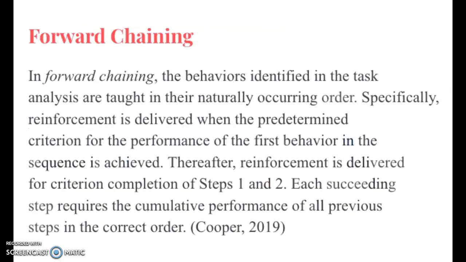First, we're going to dive deep into forward chaining. In forward chaining, the behaviors identified in the task analysis are taught in the naturally occurring order. Specifically, reinforcement is delivered when the predetermined criterion of performance of the first behavior in the sequence is achieved. Thereafter, reinforcement is delivered upon completion of steps 1 and 2, and each succeeding step requires cumulative performance of all previous steps in the correct order.